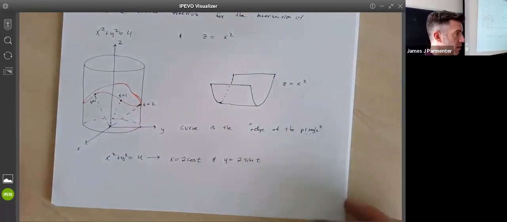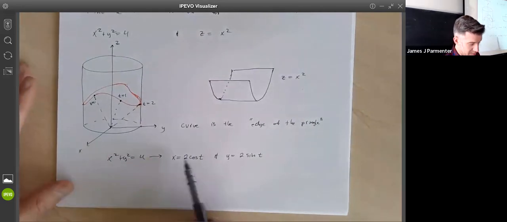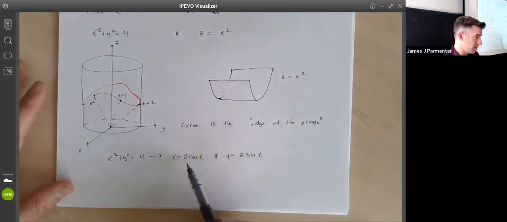It's totally true. If you know you're on a circle, it is often a good idea to make that connection right away. If my circle's radius 3 centered at the origin, x is 3 cosine, y is 3 sine. It doesn't have to be x equal to cosine, y equal to sine, but it often works best that way. It would also work to say x equals 2 sine of t and y equals 2 cosine of t.